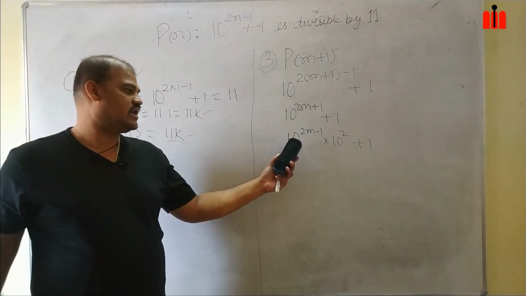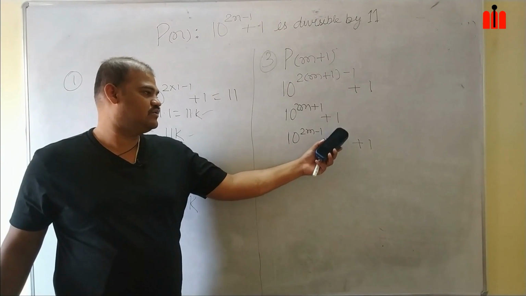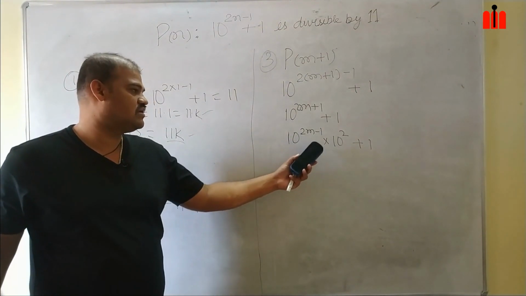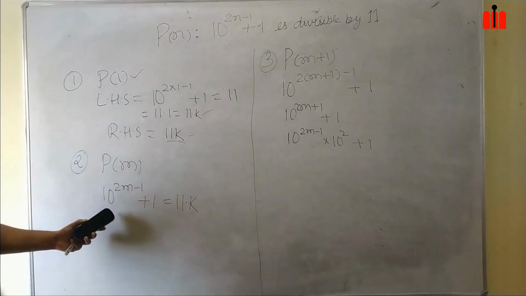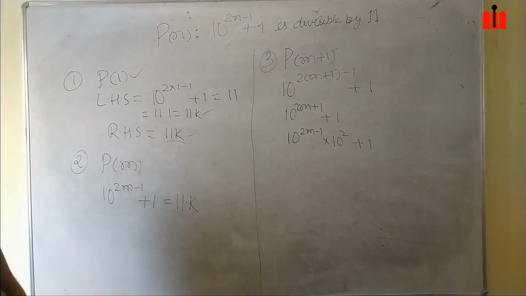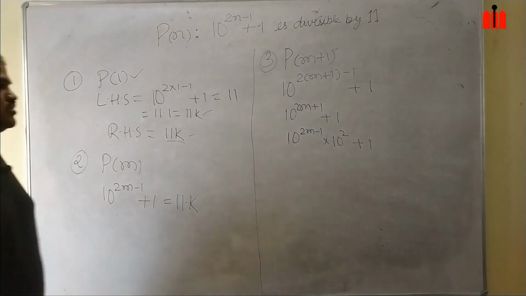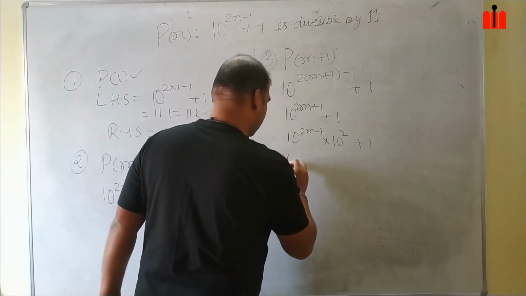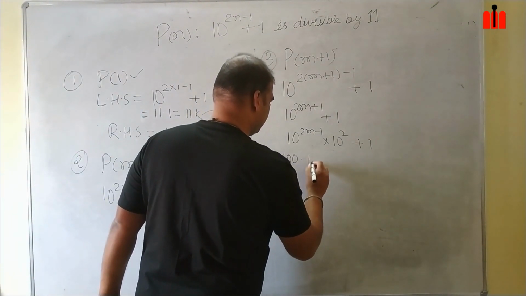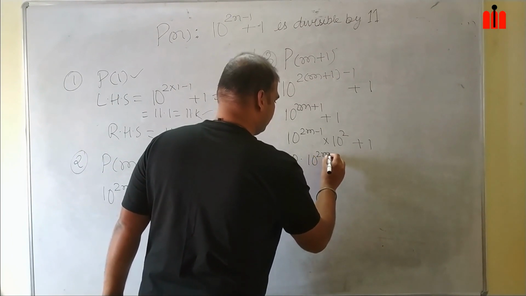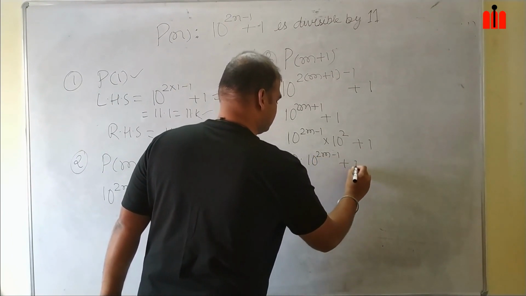So I can write it as 10 to the power of 2m minus 1, into 10 square. Why have I written 2m minus 1? Because I want to substitute the value of 10 to the power of 2m minus 1 from the Pm statement. So it will be 100 into 10 to the power of 2m minus 1, plus 1.